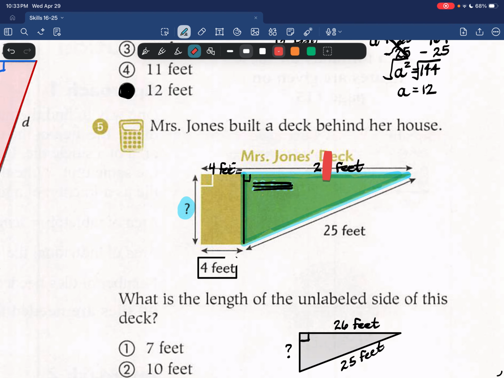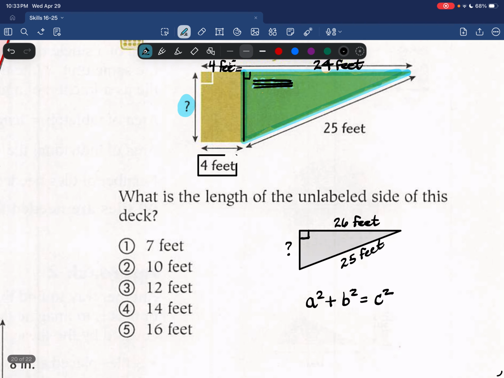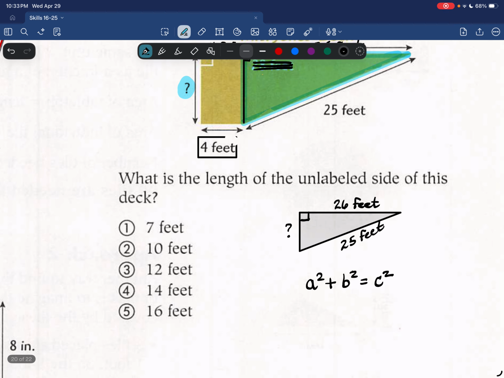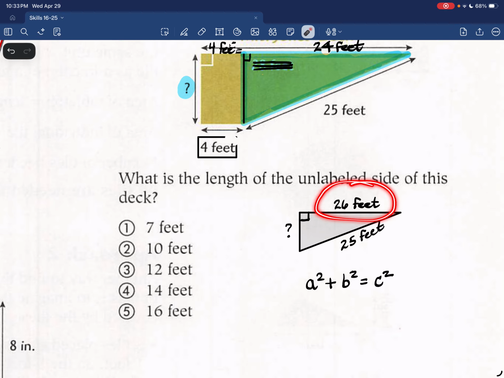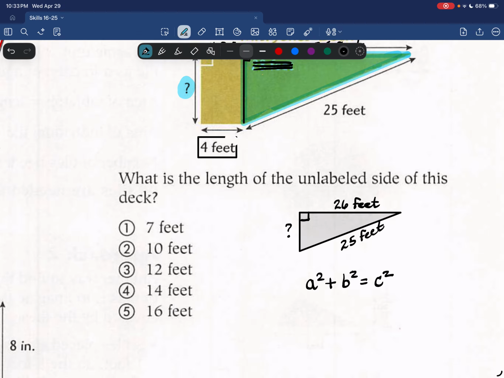I'm actually glad this happened because it lets me, first of all, show you that I do make mistakes. It also lets me show you that I know hypotenuse is the longest side. So I knew immediately something's wrong here. And usually, 99% of the time, the something's wrong is me.